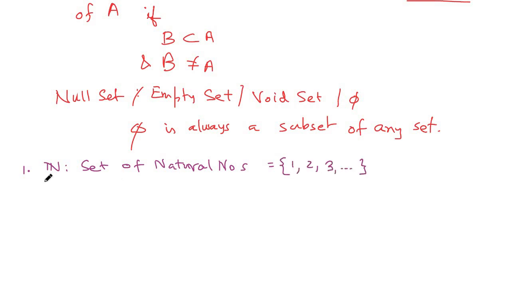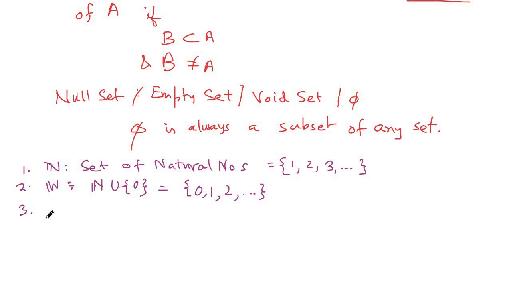Then there is the set of whole numbers. This is the set of natural numbers which also contains the element 0. So these are called whole numbers. It has 0, 1, 2, and so on and so forth.